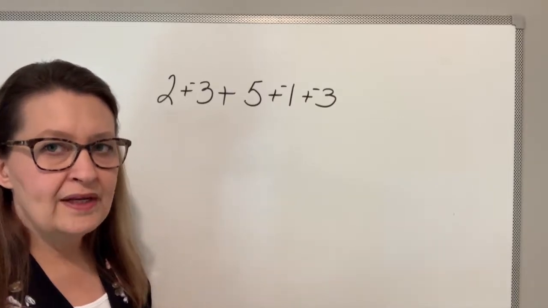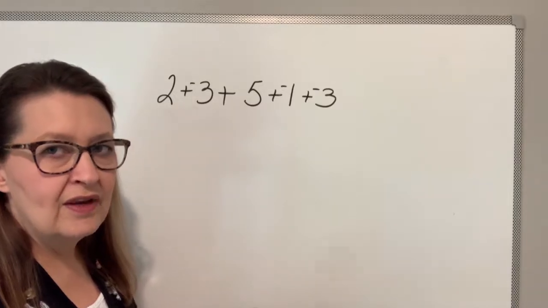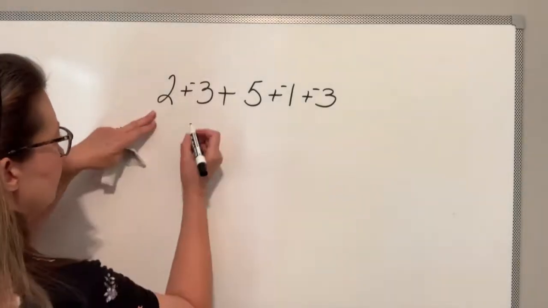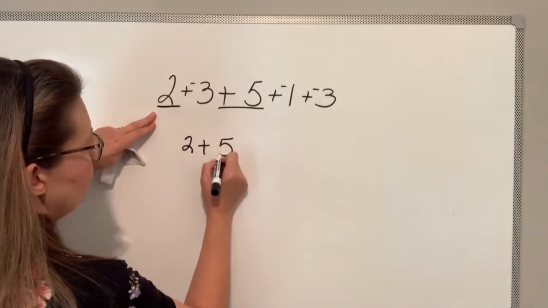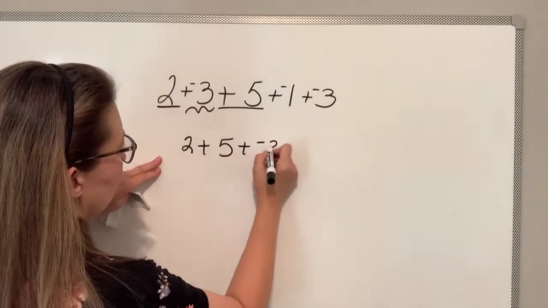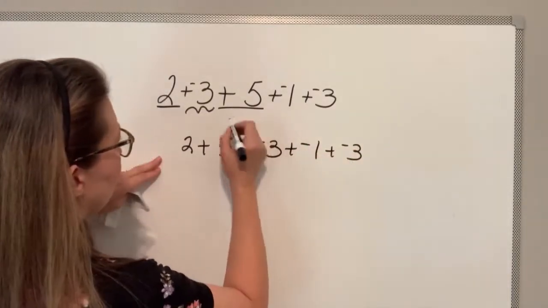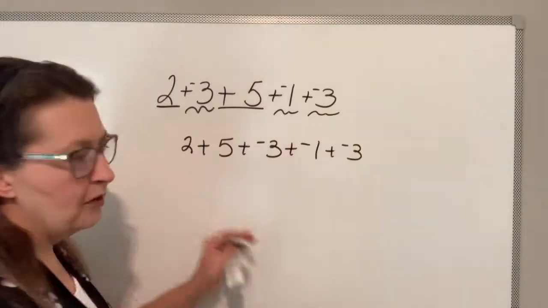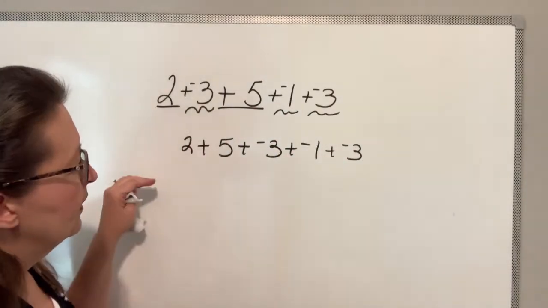I can rearrange these. So what I'm going to do is group the positive numbers together and the negative numbers together. As in, here's the 2 plus 5. And then I'm going to take the negative 3 and the negative 1 and the negative 3. And I always kind of underline my numbers when I start commuting them to make sure I don't leave anything behind.